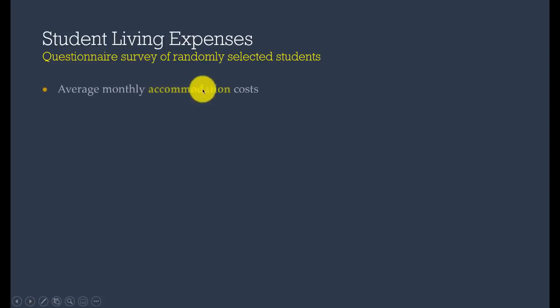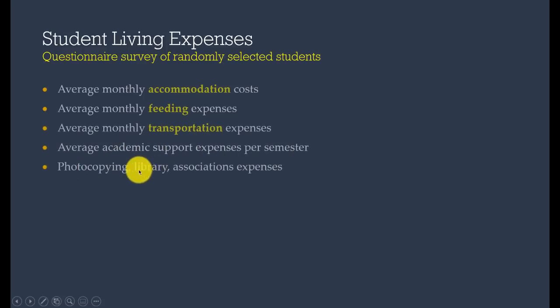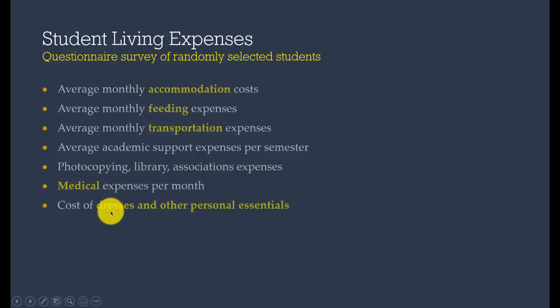Money spent on accommodation, you have to give that to us. Feeding, transportation, average academic support expenses per semester, photocopying, library, associations expenses, medical, dresses. They spend money here. Dresses and other personal essentials. You know what I mean? Personal essentials. The project expenses and the rest.